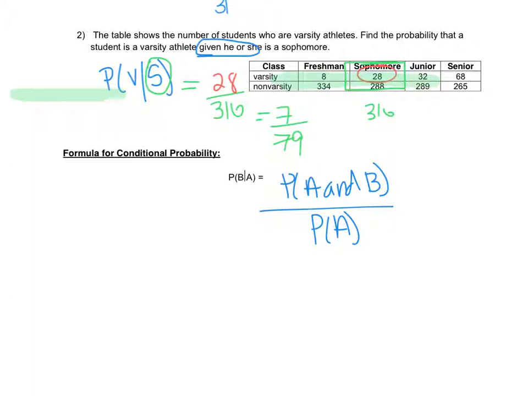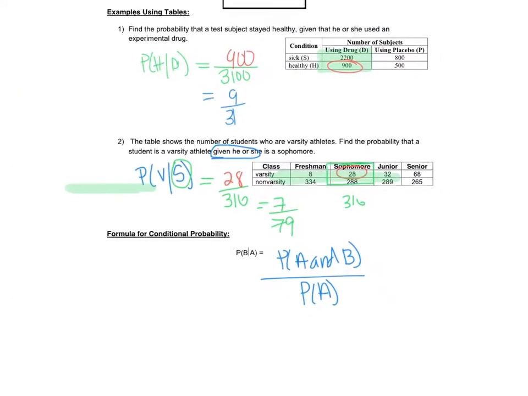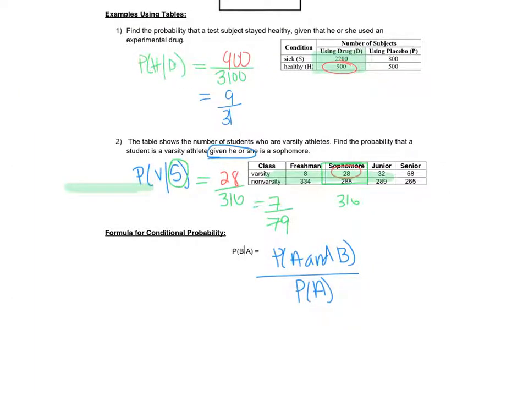So if we go back up to our very top example and apply this formula, the first thing we would do is find the probability of A, the denominator.